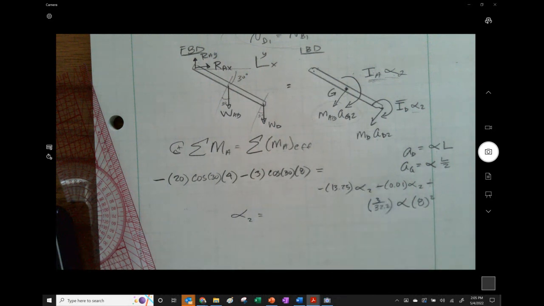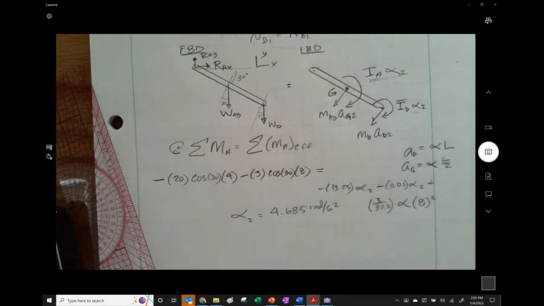For here, we're going to add 13.25 to 0.01, then add 3 divided by 32.2 times 64. So that had an effect. Then we just divide it. So I think I have 4.685 radians per second squared.